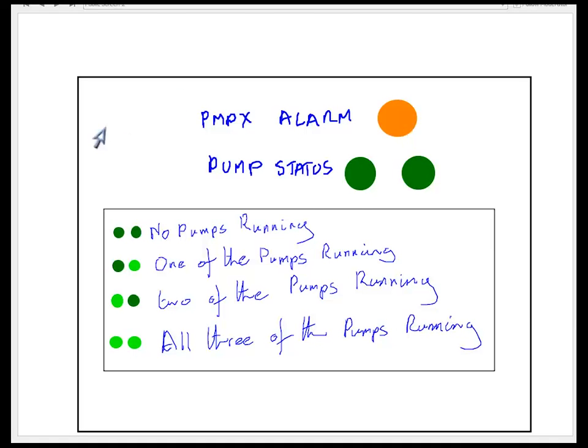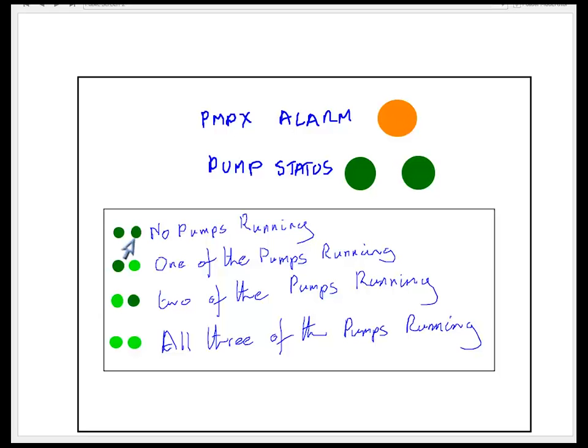So, this is my switchboard. This is the door of the switchboard. And on the door of the switchboard I've got a red lamp, which is the pump X alarm. I've also got 2 green lamps. And underneath that I've got a Traffolyte label, and on it I've got a little drawing which explains how it all works.